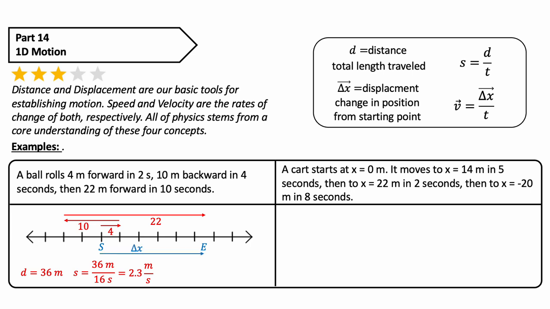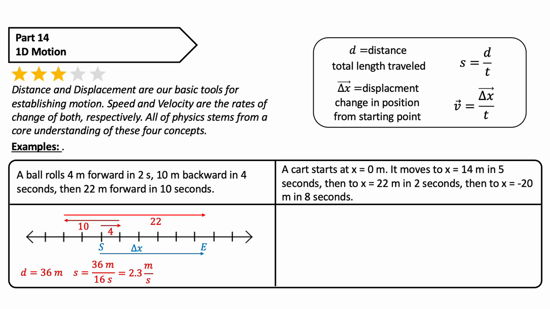Now for the displacement, we are looking for the distance from the starting point to the ending point. If we have a really nice number line and we kept track of exactly what that ending point was, we could do it that way. But we can also figure out the displacement by taking into account which of these were forwards and which were backwards. In total, I went 26 meters forwards, adding the 4 and the 22.